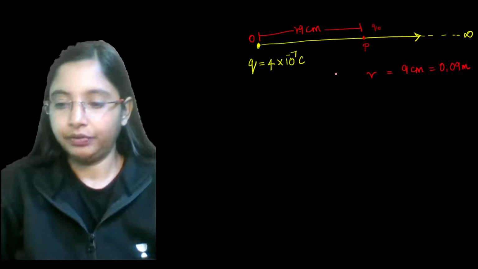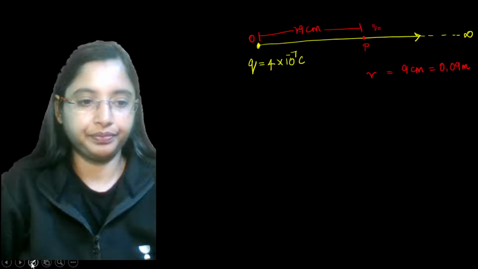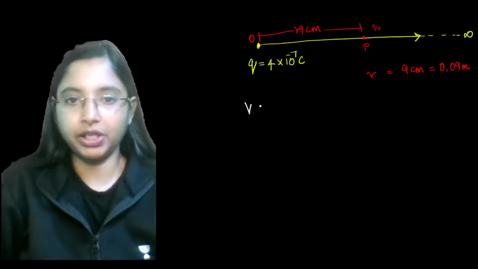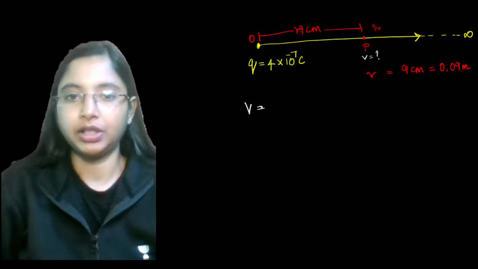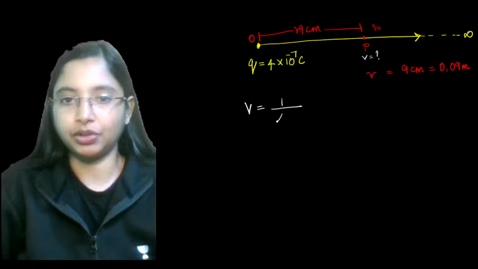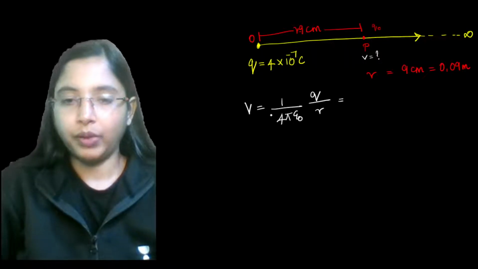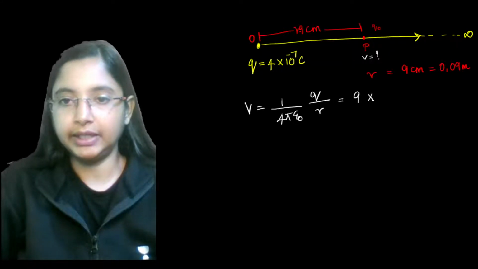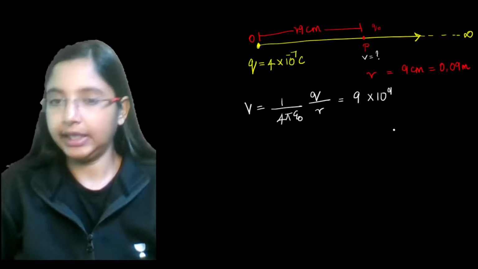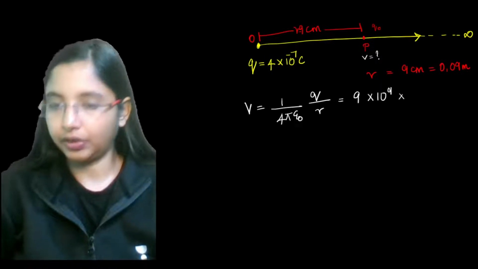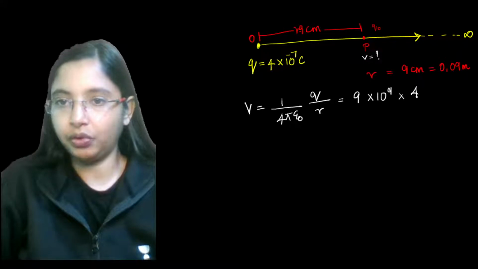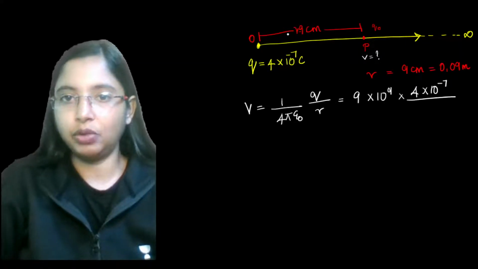Now, first thing we want to do is calculate the electrostatic potential, that is, the potential V at this point P. Potential is given by this equation we just saw: 1 by 4 pi epsilon naught times Q divided by R. 1 by 4 pi epsilon naught is a constant which is 9 into 10 to the power of 9, into the charge, 4 into 10 to the power of minus 7, divided by the distance.